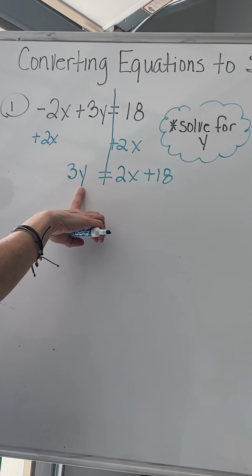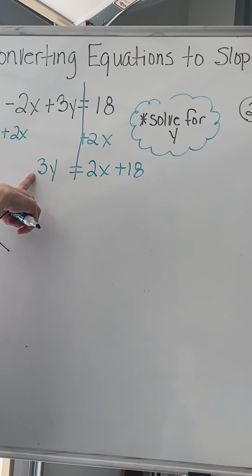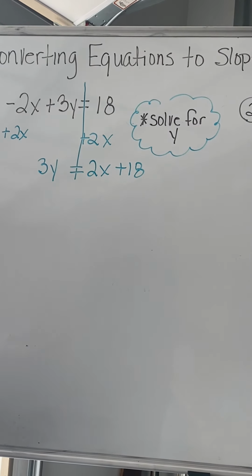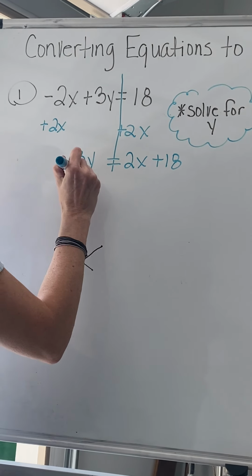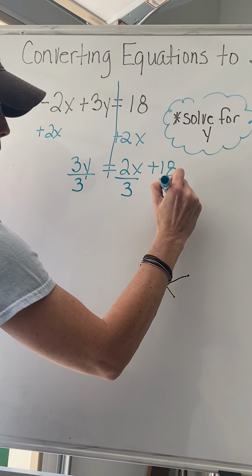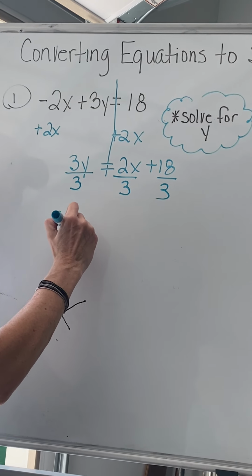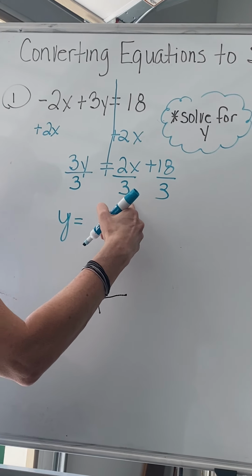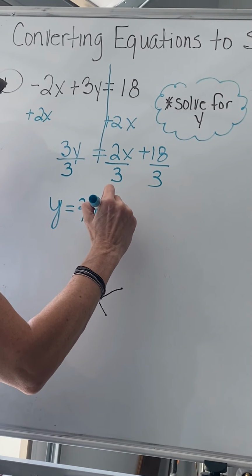Now I've got to get y by itself. In order to do that, I have to move the 3. It's 3 times y. The opposite of multiply is divide. I have to do the opposite operation, and I'm going to divide everything by the 3, just like that. So y is by itself. That's what we wanted. I can't simplify 2/3, so that's going to stay 2/3 x.